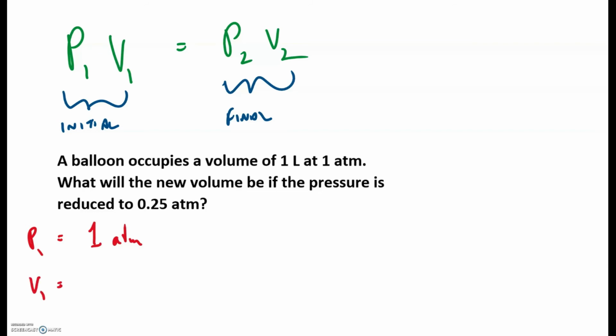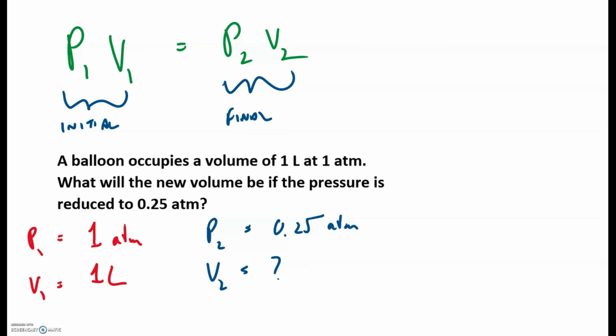My initial volume, my V1, is 1 liter. And there's lots of different units we could use for volume: liters, cubic centimeters, milliliters, cubic meters. Don't be surprised if you see a bunch of different ones. And what we're trying to find is our new volume. We're trying to find our new volume V2 if we have a new pressure, P2, of 0.25 atmospheres.